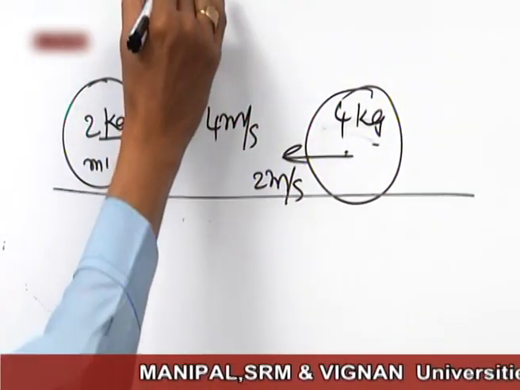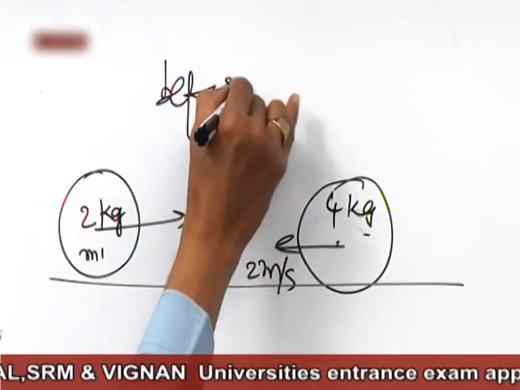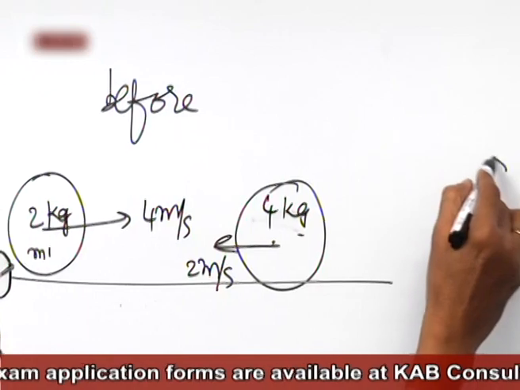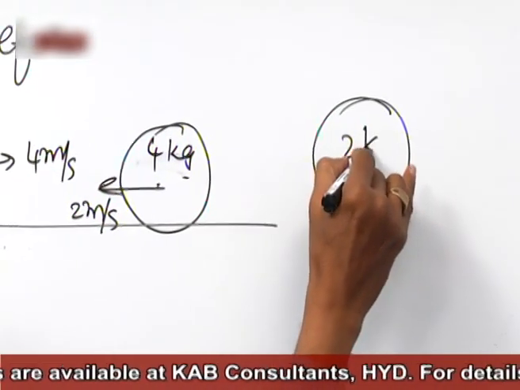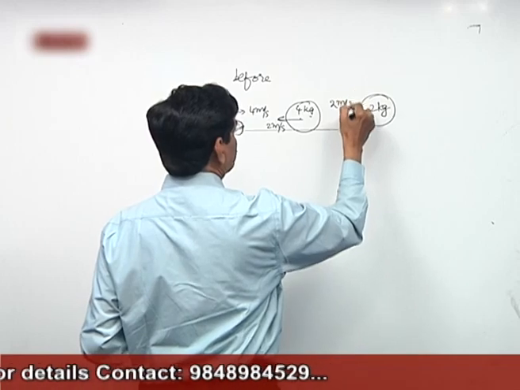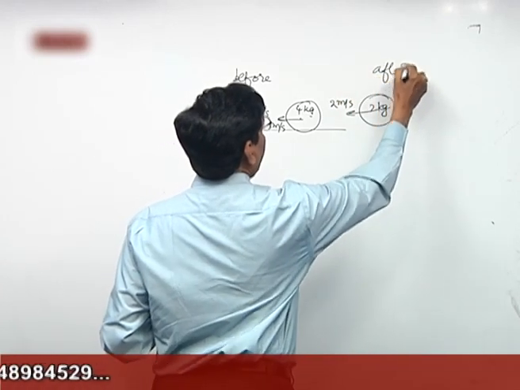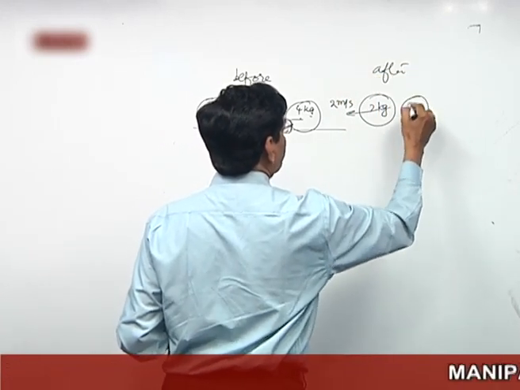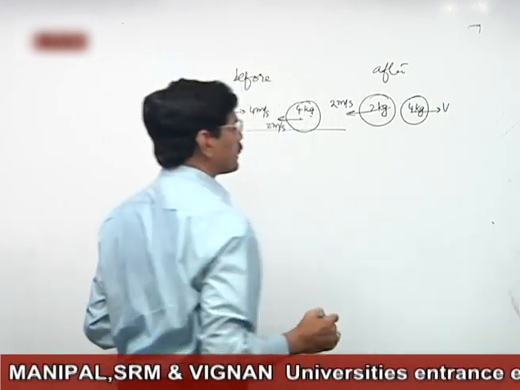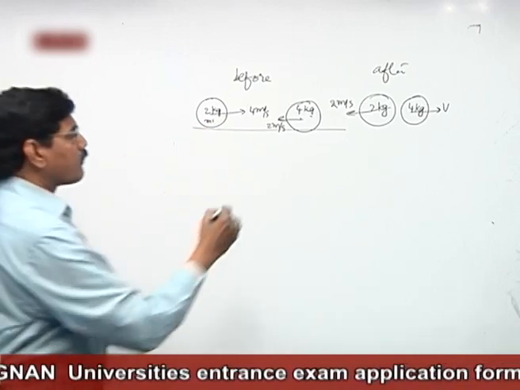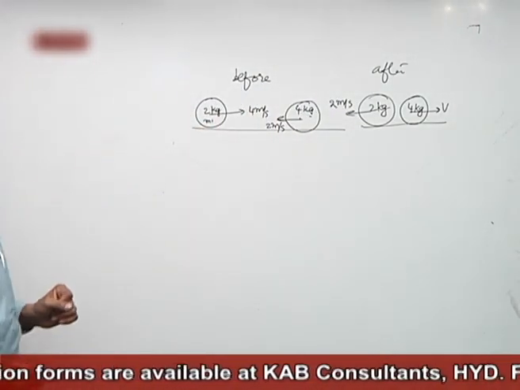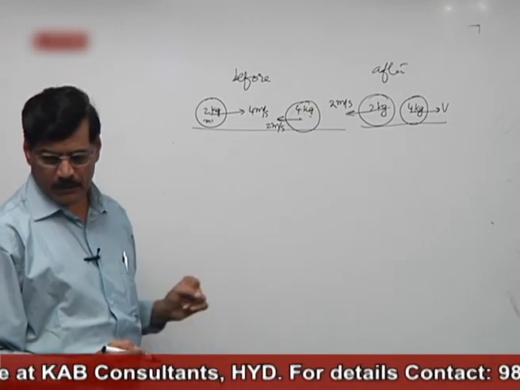These are the velocities before collision. After collision, this 2 kg ball is moving towards left with 2 meters per second and the 4 kg ball is moving with velocity v towards right. This is a head-on inelastic collision.